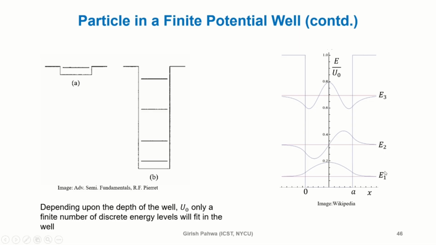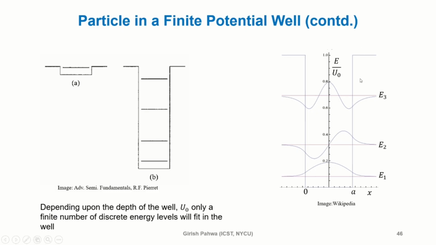If E1 becomes much smaller compared to U0, then it will not leak. For example, if this U0 tends to infinity, then U0 becomes much larger than any of E1, E2 and E3. Then you will see that the particle will not even enter here.